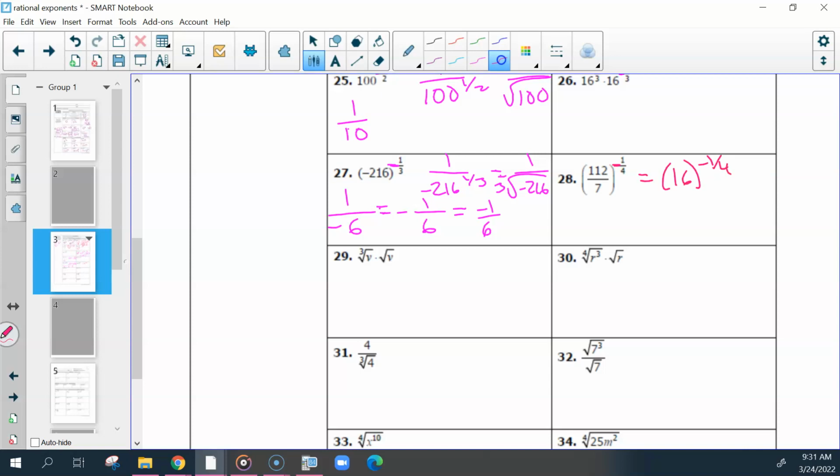So how would we write this to change our negative exponent? How would we take this and put it in radical form?